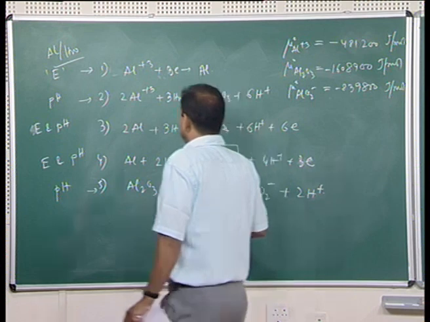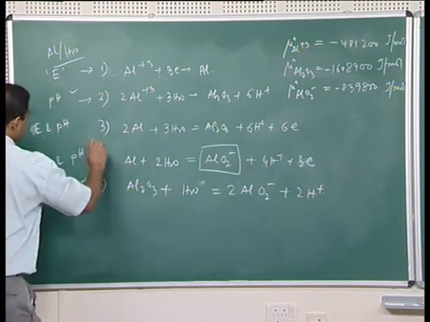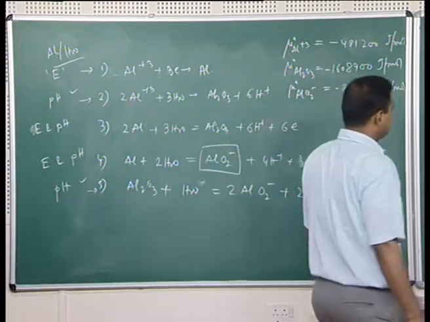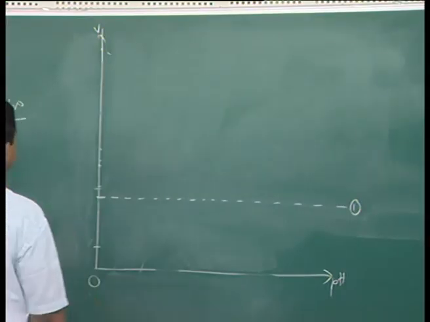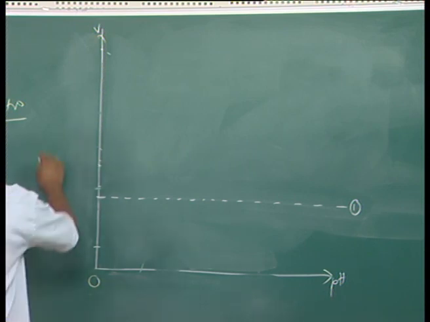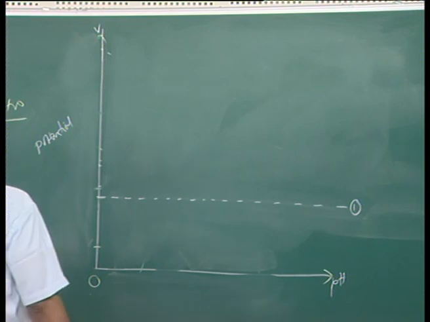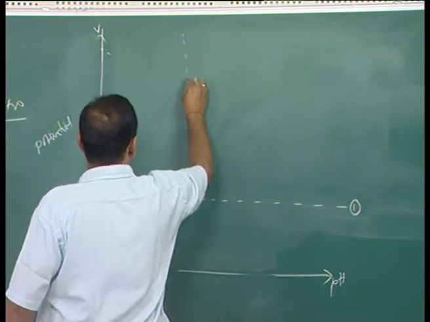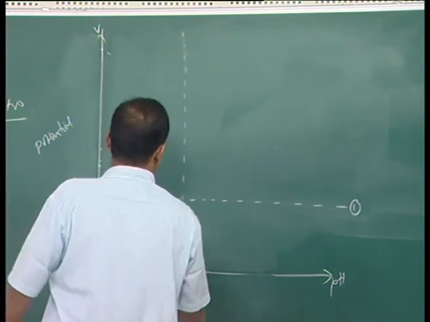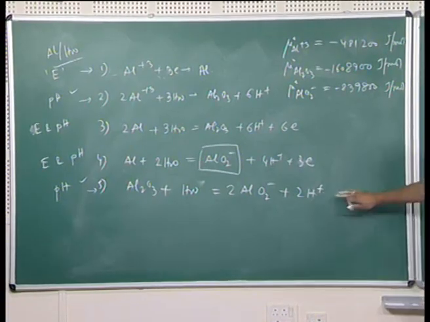Now, let me see the pH dependent reactions. Those would be simply a vertical line, parallel to the voltage axis or the potential axis. So, this is potential. One reaction would be this, the other reaction would be this.